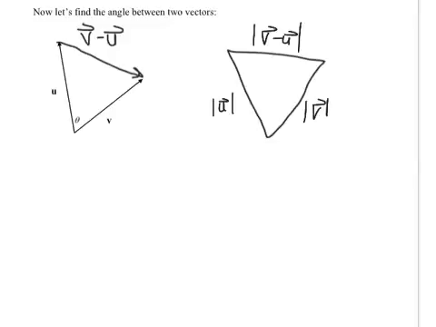Okay, we're going to start off doing something nutty with the law of cosines. We're going to find the angle in between with the law of cosines, and I'm going to deal with all of these magnitudes. Remember, I'm trying to find theta. If I'm trying to find theta, that means the side opposite theta has to be by itself.